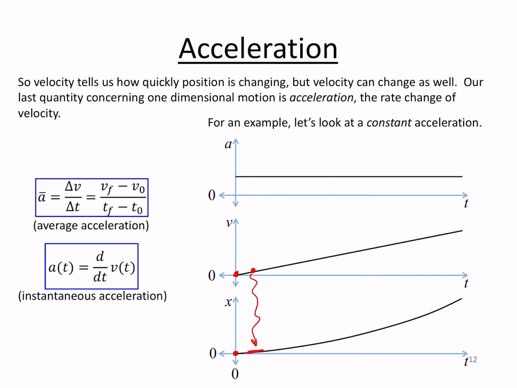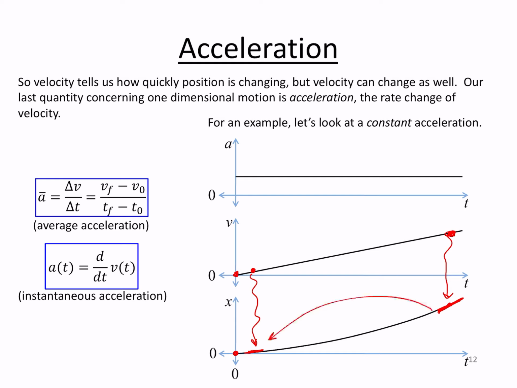And then if we play the tape forward a little bit and think about the velocity out here, well, the velocity is significantly larger. And so when we look at the slope of this x versus t graph at that point, which should be indicative of the velocity at that point, well, that's a significantly larger slope than what we had down over here, right?